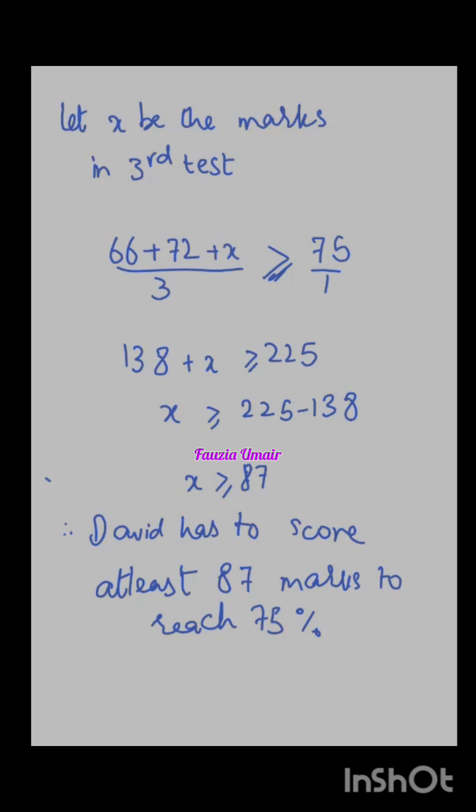In word problems, we cannot write x is equal to or x is bigger than or equal to 87, because in the question there is no x. Are you getting this? There is no x in the question, so we cannot write x equal to this. In the paper, there would be a space for the answer, so you can just mention the answer in that space. x is just a variable we introduced. It's a good habit to answer according to the question so that the examiner knows that you know what you are doing. Okay, beta?